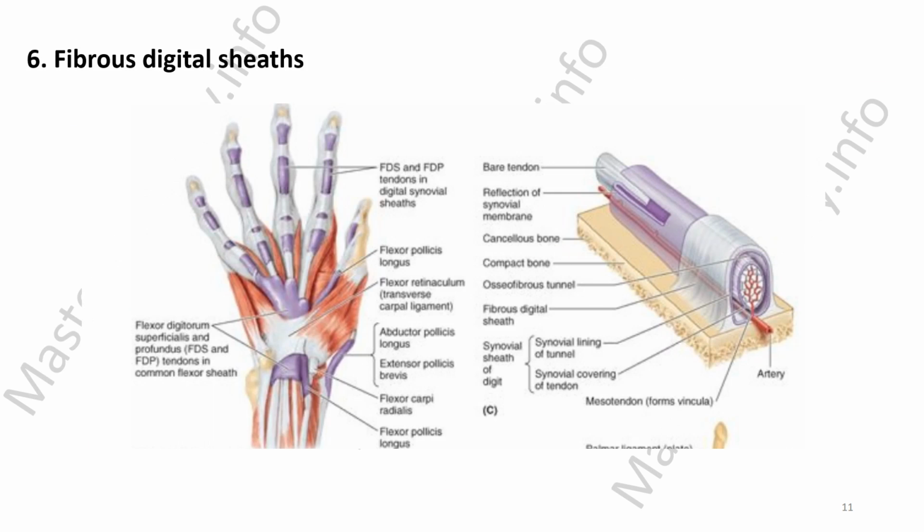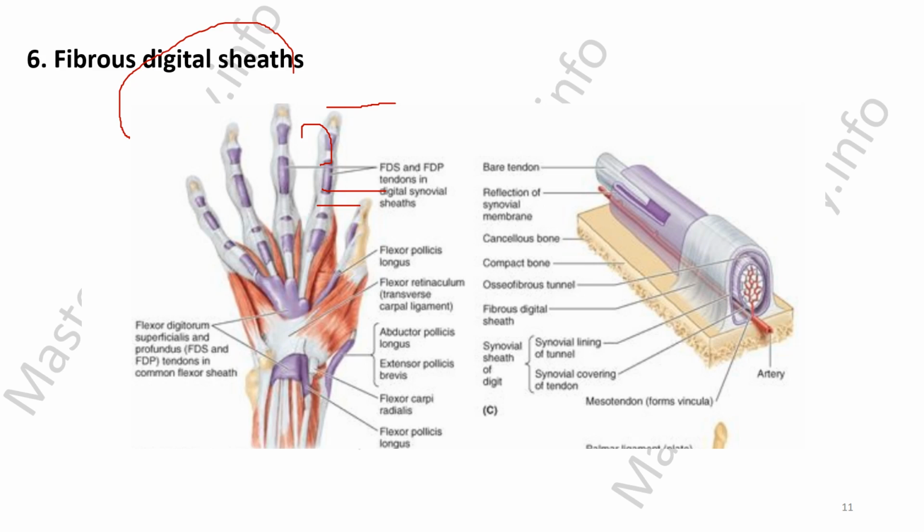So finally, we have the fibrous digital sheath. So the fibrous digital sheath invests tendons in the fingers, two tendons in the fingers and one in the thumb. The two here are the flexor digitorum superficialis and the flexor digitorum profundus tendons in the fingers, and in the thumb we have just the flexor pollicis longus tendon.